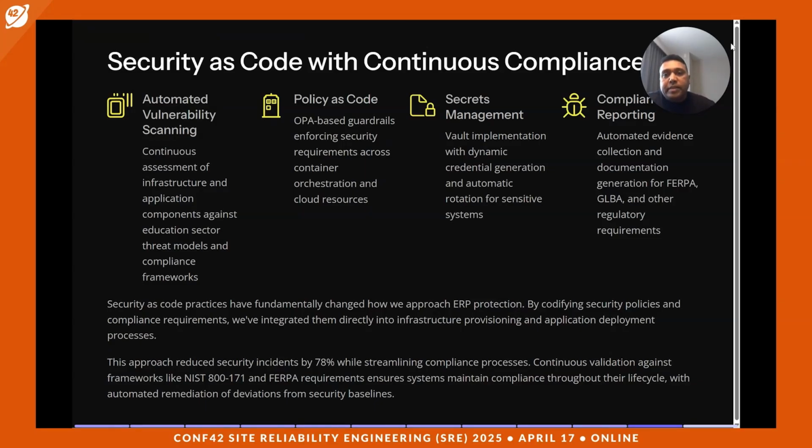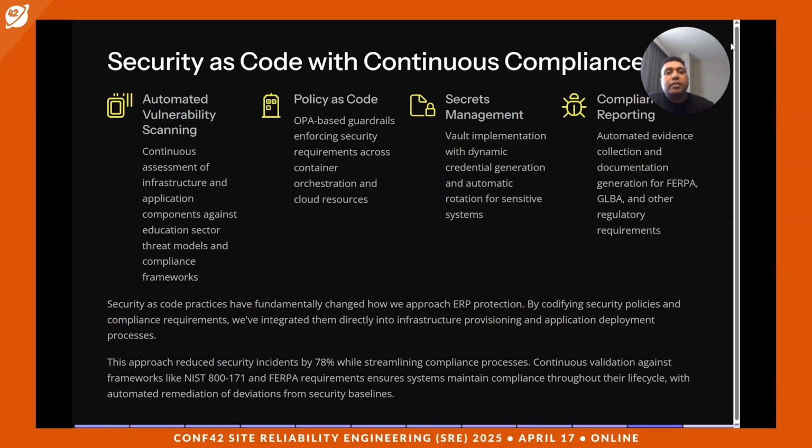Now, automated vulnerability scanning is the first one, which is continuous assessment of infrastructure and application components against education sector threat models and compliance frameworks. Next is policy as code: OPA-based guardrails enforcing security requirements across container, orchestration, and cloud resources.